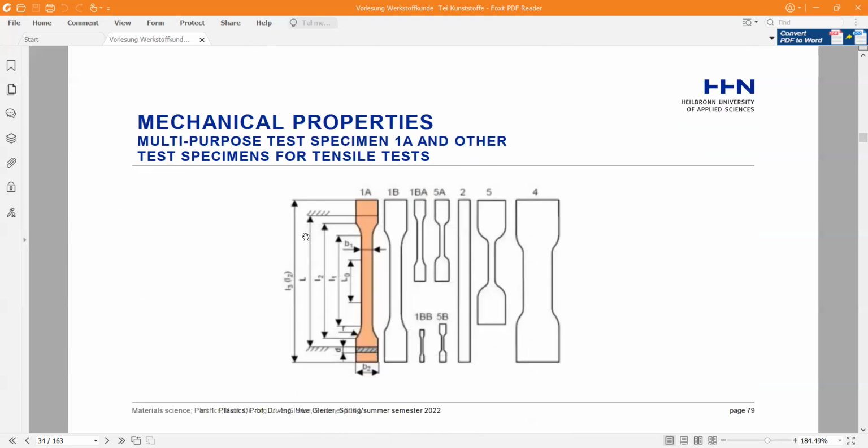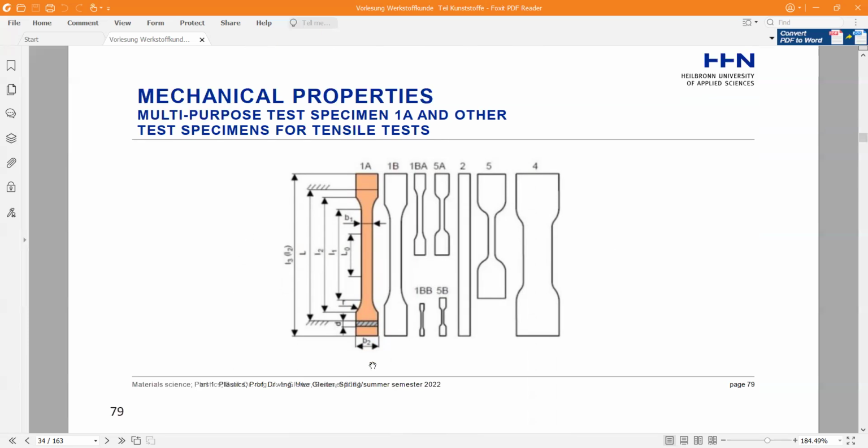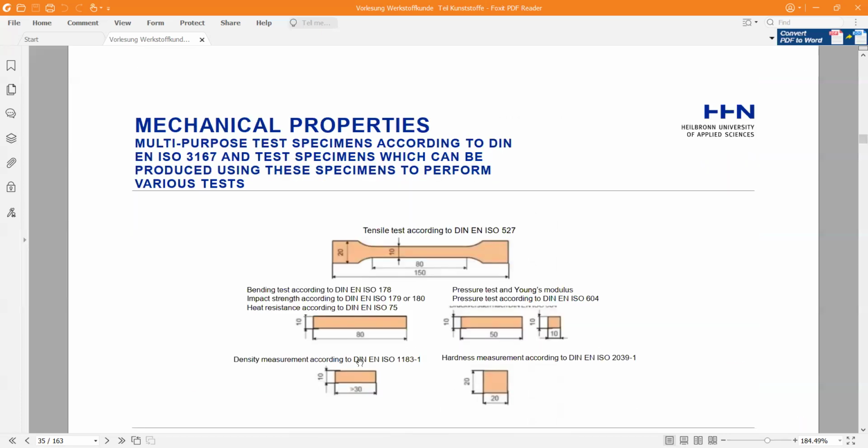Here we have the multi-purpose test specimen, type 1A, and another test specimen for tensile tests. The multi-purpose test specimen, according to the certification, can be produced and used to perform various tests.